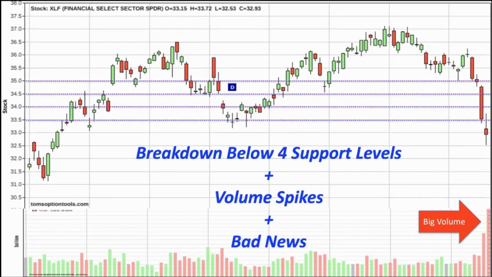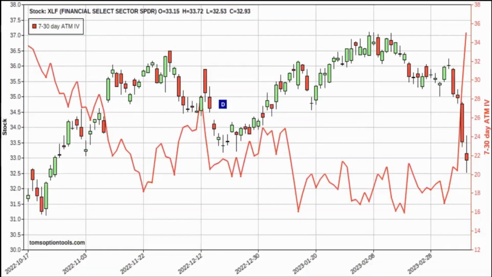And that allows us to sell the credit spread maybe further away from the stock price, to increase our chances of not losing. Or to say it in a more positive way, our chances of winning are amplified by the fact that options are really, really expensive right now, at least on this sector.